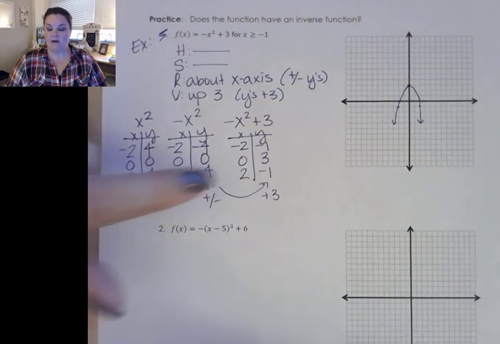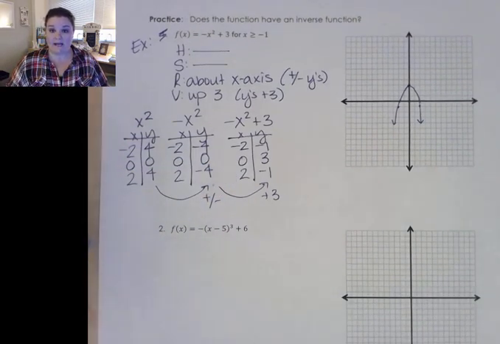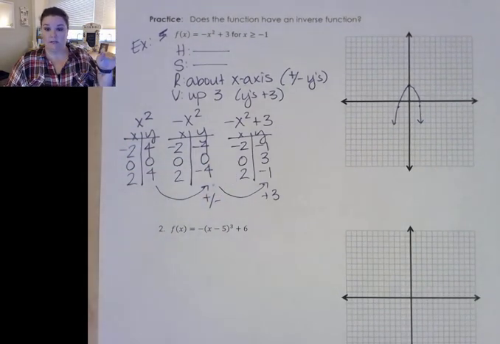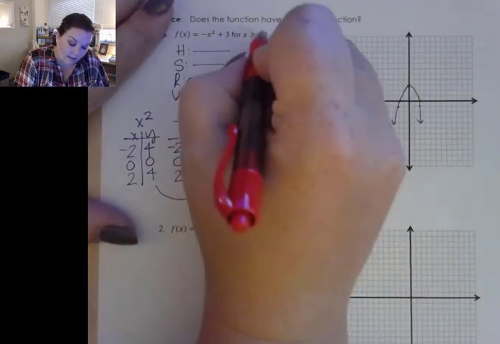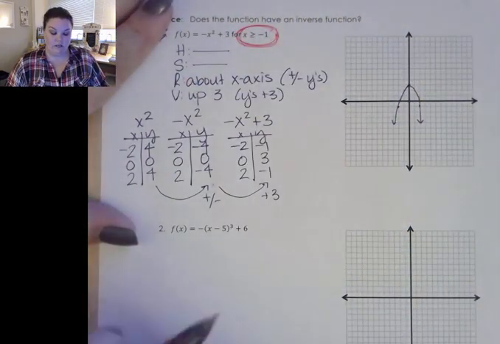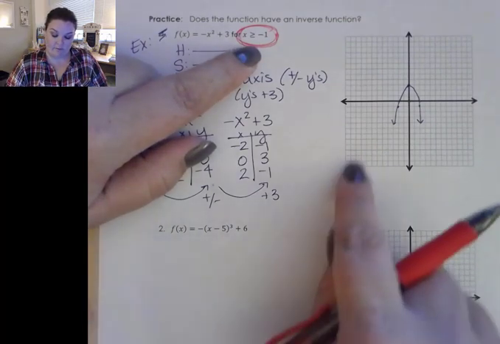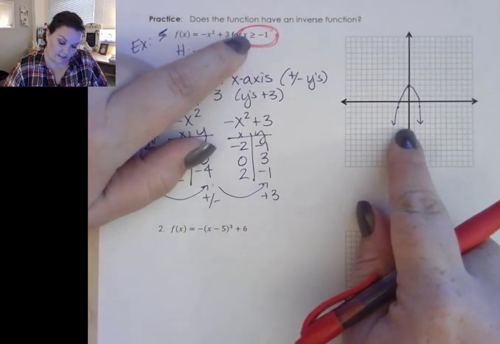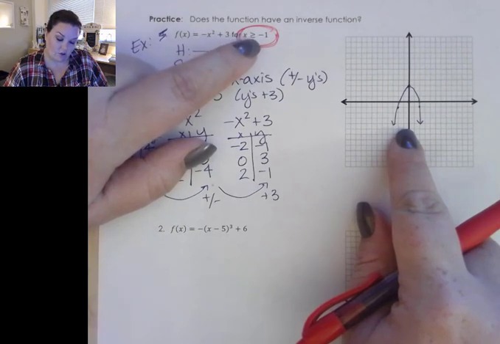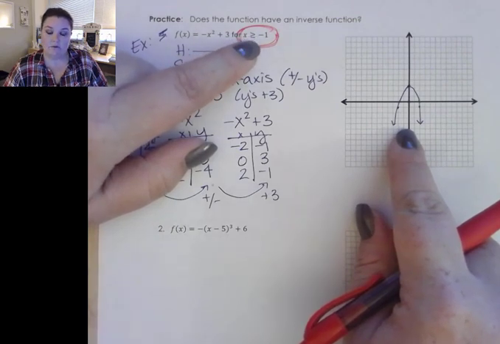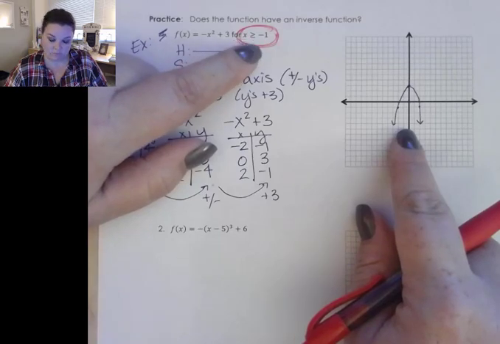Okay, now this normally would not pass the horizontal line test, right? But I was given a domain restriction. So looking at this domain restriction, we're going to go ahead and modify our graph. So this says we're looking at x's that are greater than or equal to negative 1.